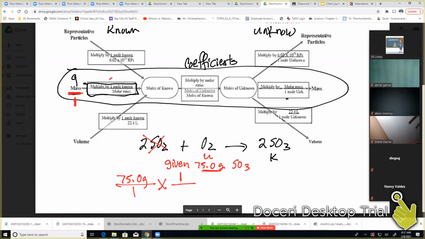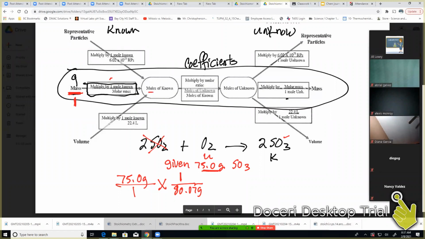So I would have to figure out the molar mass of sulfur trioxide. And when I did that, it would be 80.07 grams. Okay. And you'll notice whenever you start on the worksheet, I've given you the molar masses, so you won't have to calculate those separately.